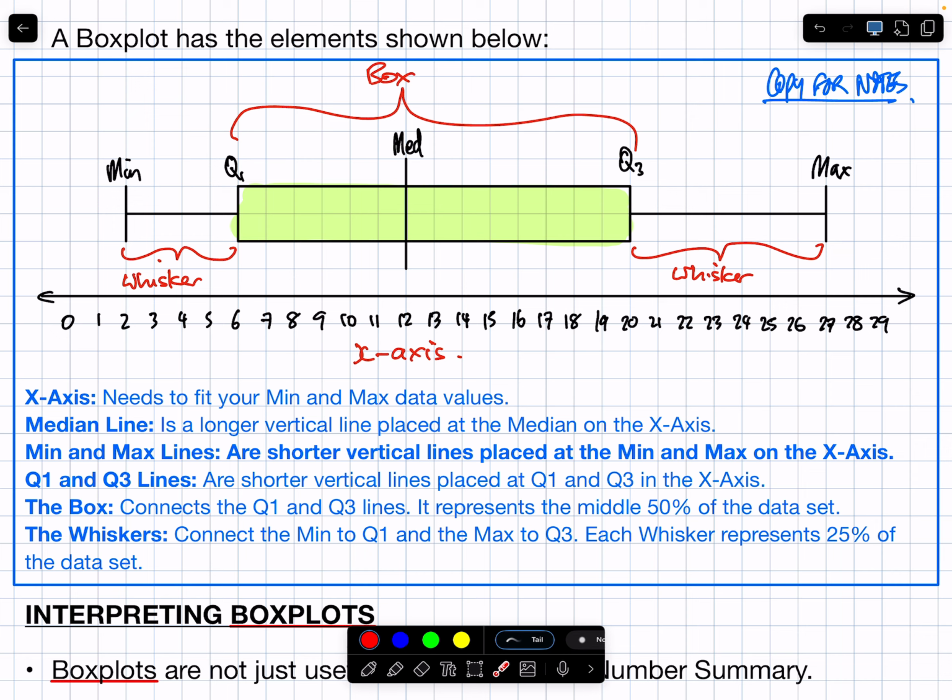The lines where they're placed right now don't mean anything because this is just a drawing of some random data. Okay? There's no actual data. We're going to practice doing actual data for them. Just giving you an example of what it looks like.